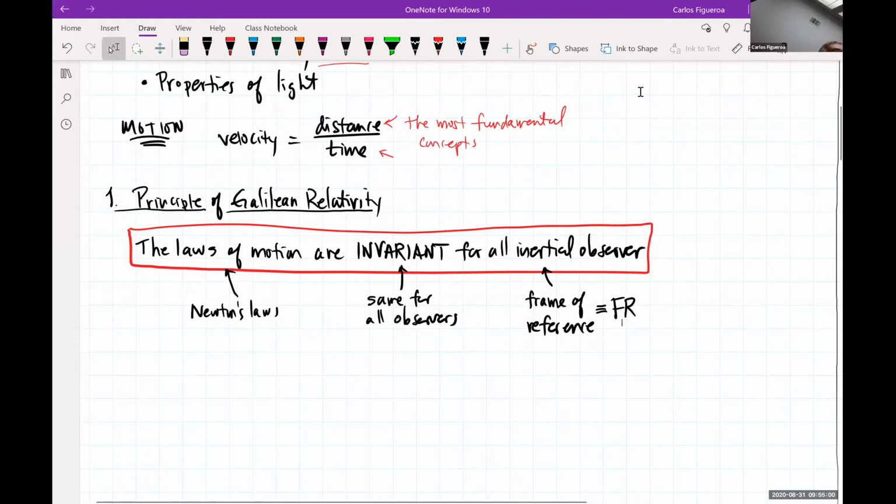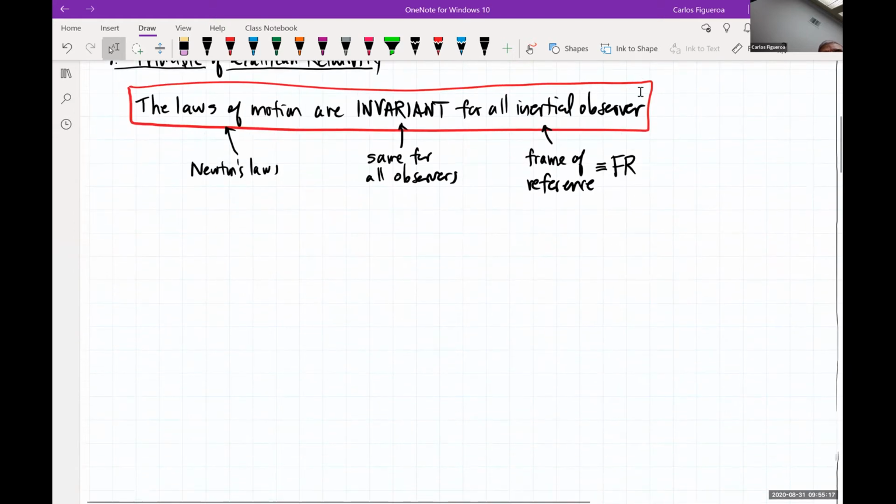I'll explain what I mean by inertial in some detail, but you should have seen this already in great detail in your Physics 4A class. So now let's look at this right here.